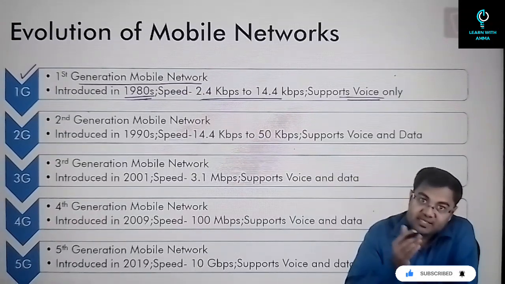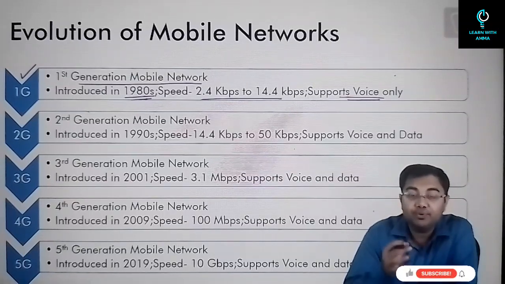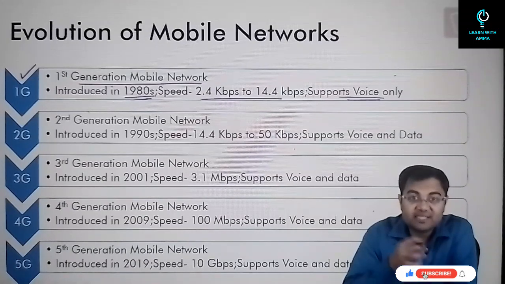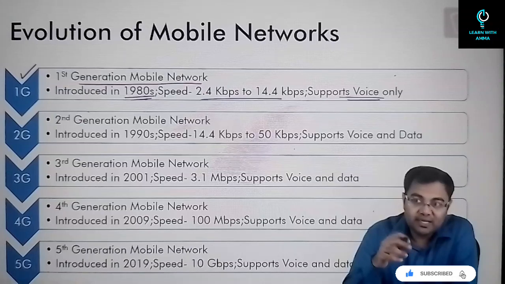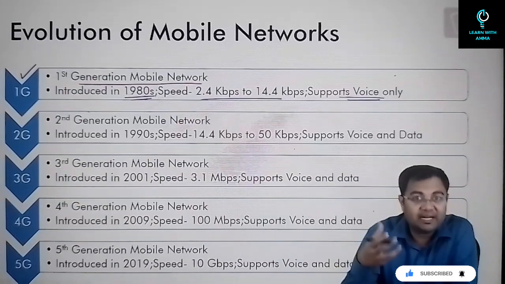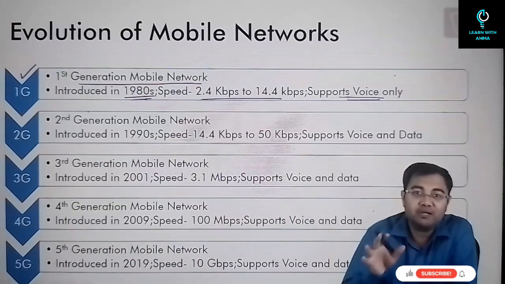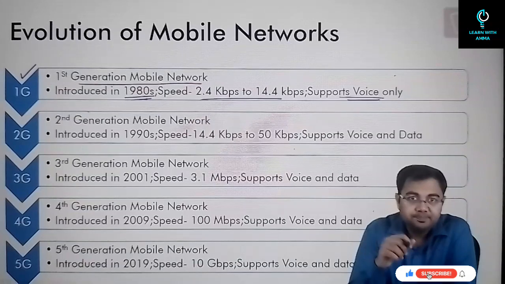Then after that comes the second generation. In the second generation, for the first time, you can also use internet on your mobile phone. Although this internet is much slower compared to what you see today. The kinds of pages that we are able to access on our mobile phones today would perhaps have taken hours to load, or may not have loaded at all.